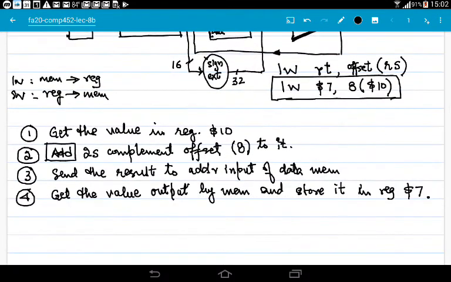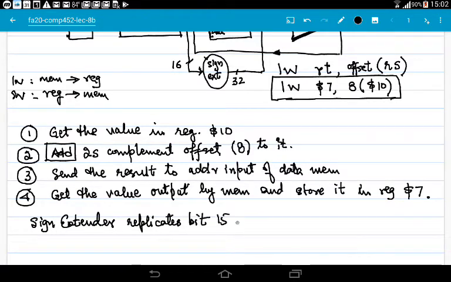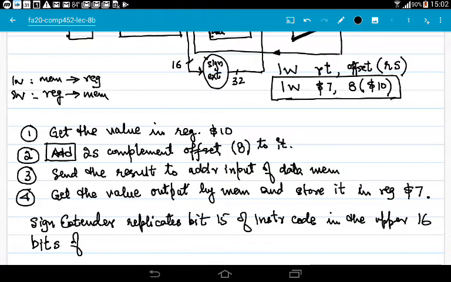The sign extender replicates bit 15 of the instruction code in the upper 16 bits of its output.